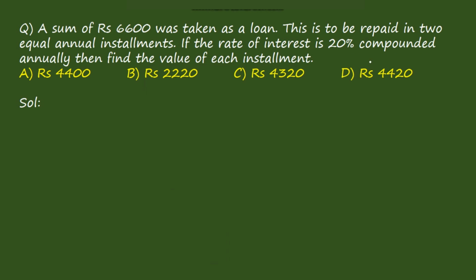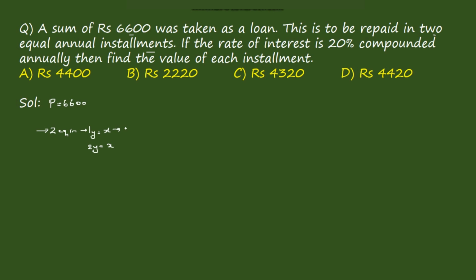Next question. It is given that a sum of 6600 was taken as a loan. So the principal is equal to 6600. Again they are saying this is to be repaid in two equal installments, such that in the first year they would be paying some x amount, and in the second year also the same x amount.